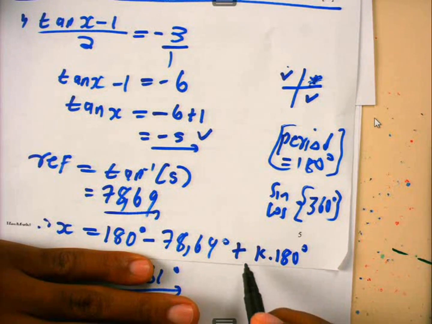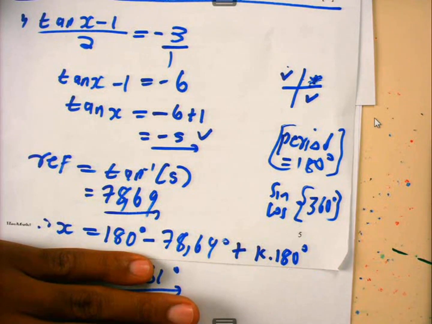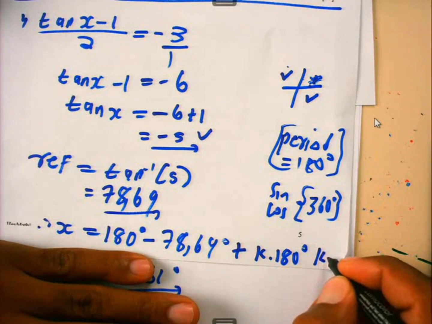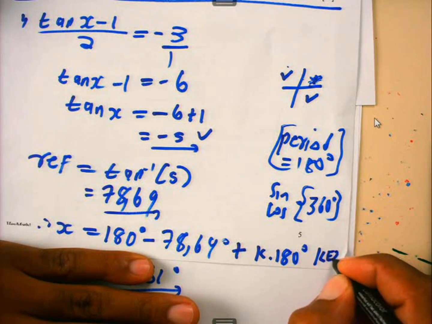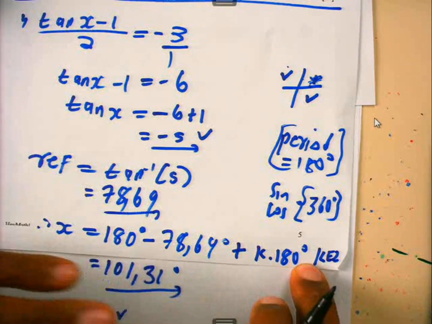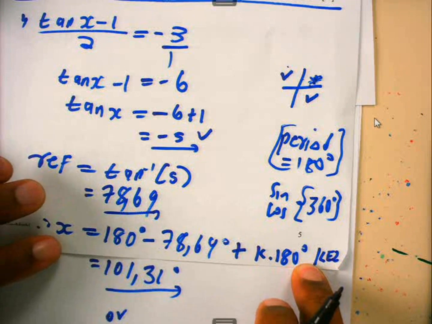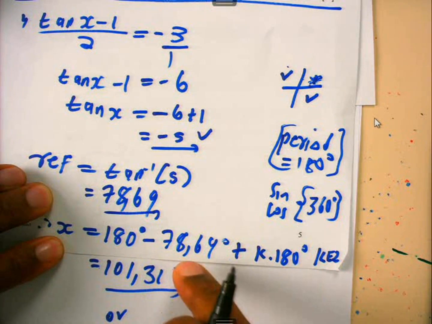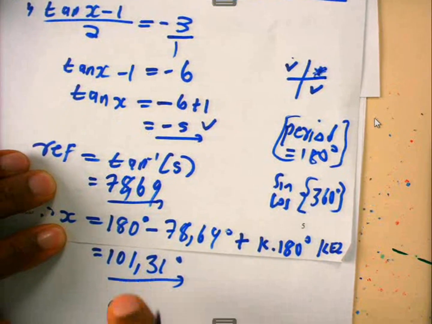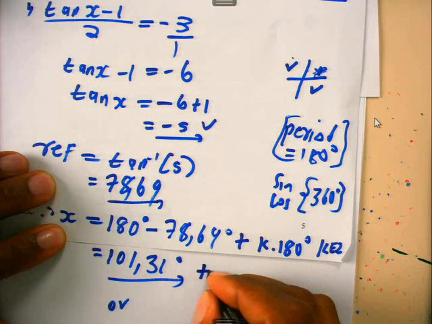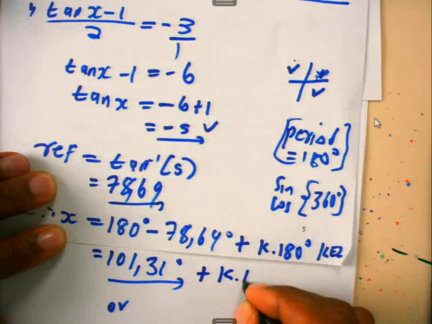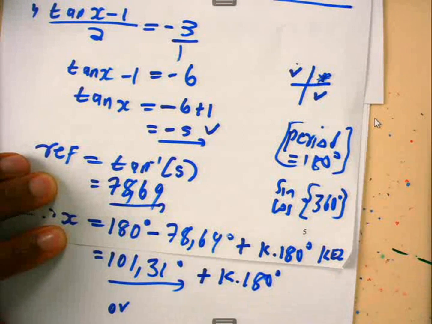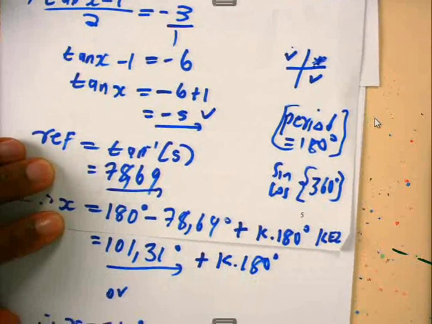You must also indicate that k is an element of the integers. Next, you can simplify 180 degrees minus 78,69. The answer is 101,31 degrees, plus k times 180 degrees. It is very, very important.